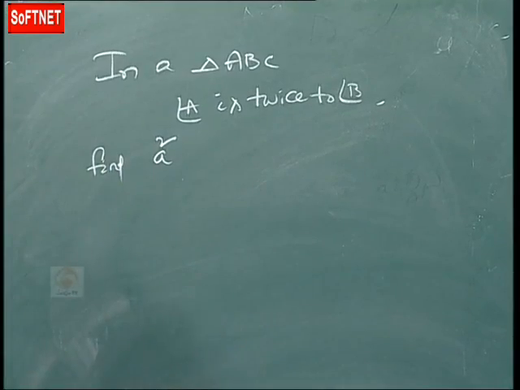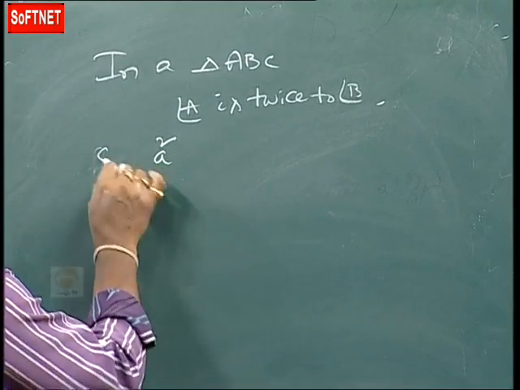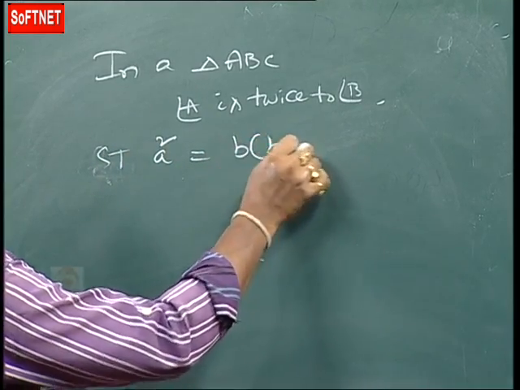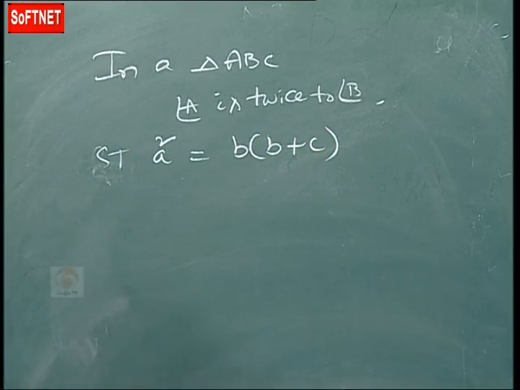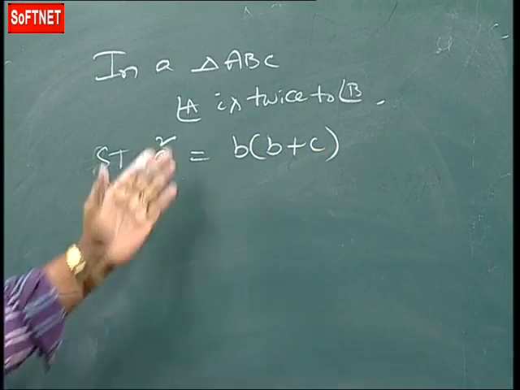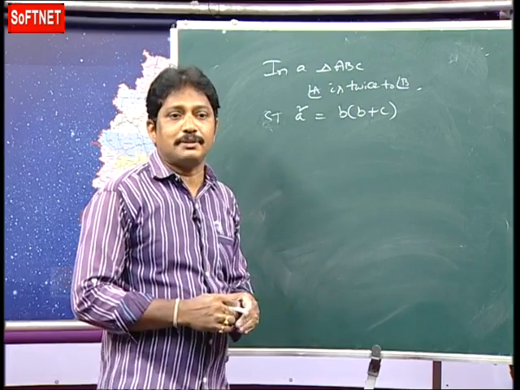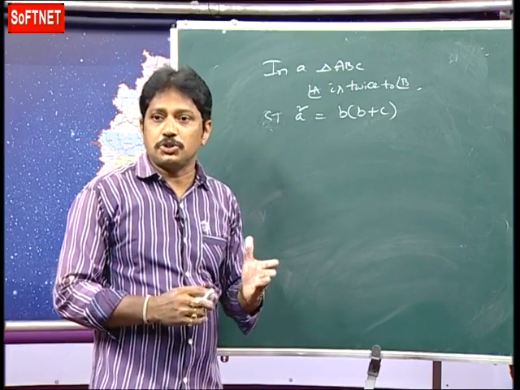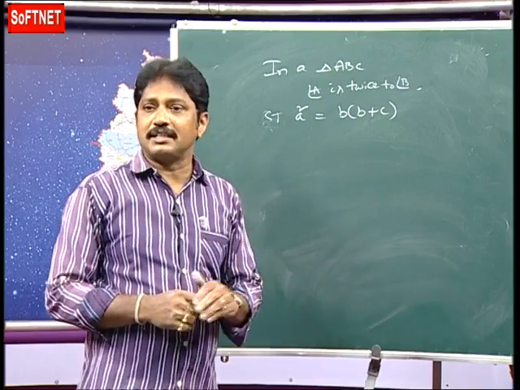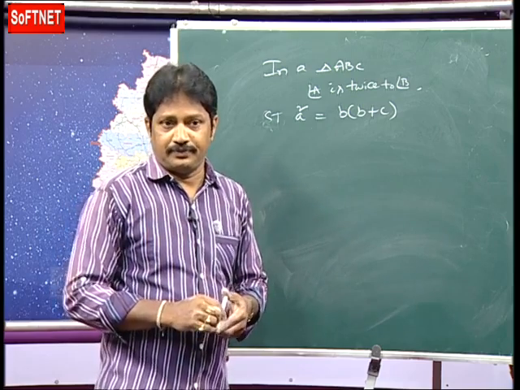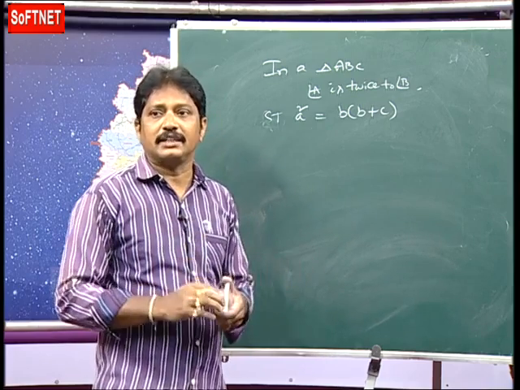Maybe asked like, or simply show that A square is equal to B of B plus C. In a triangle ABC, angle A is twice angle B and A square equal to B of B plus C. You are going to show that. The question may be asked like, or find the value of A square in terms of B and C. They may ask the question like that. Okay, then how to do it?